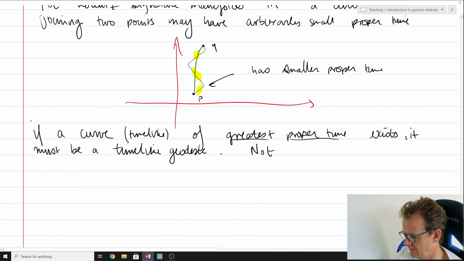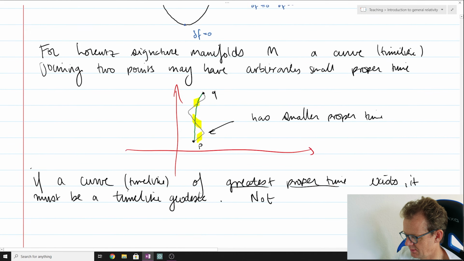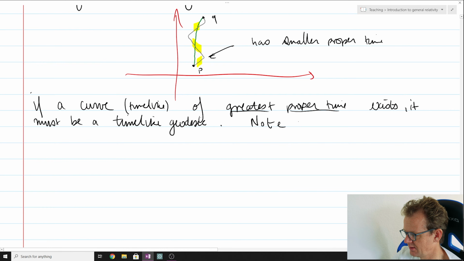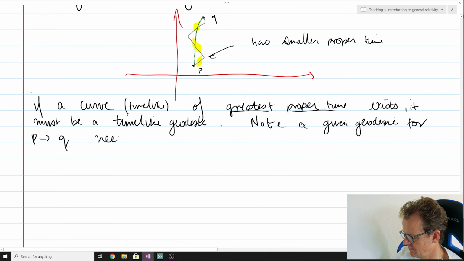But because of this very simple one-dimensional calculus commentary above, just because you have a geodesic doesn't mean that it is the curve with the greatest proper time. So if you have a geodesic that goes from P to Q, it need not maximize the proper time.